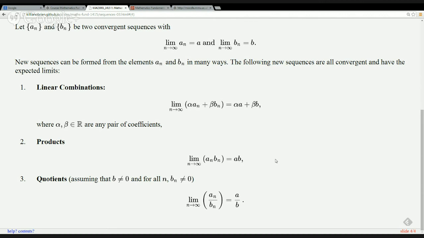So if the first equation is true, then the second must be true, because all I'm doing is multiplying out the bracket: a_n b_n minus a b_n minus b a_n plus a times b, so you've got the minus a times minus b.